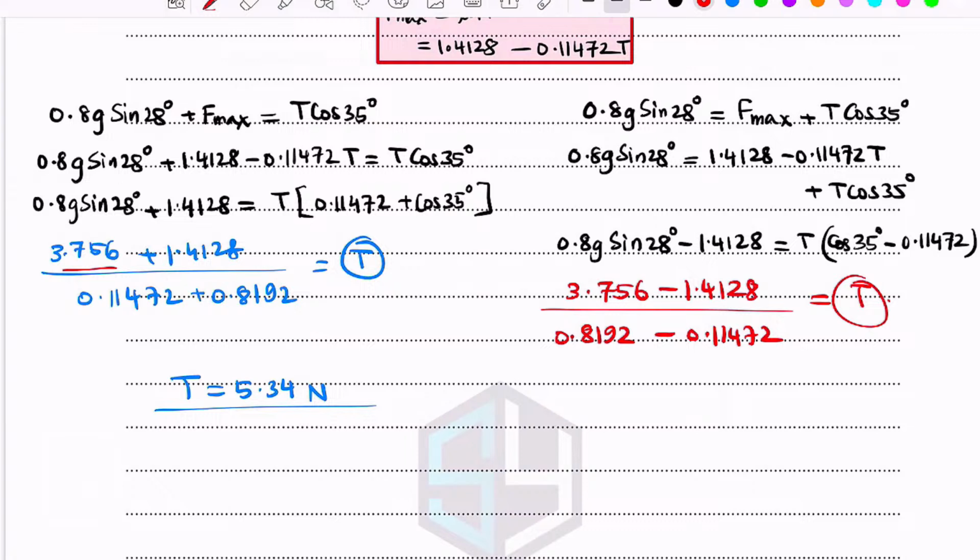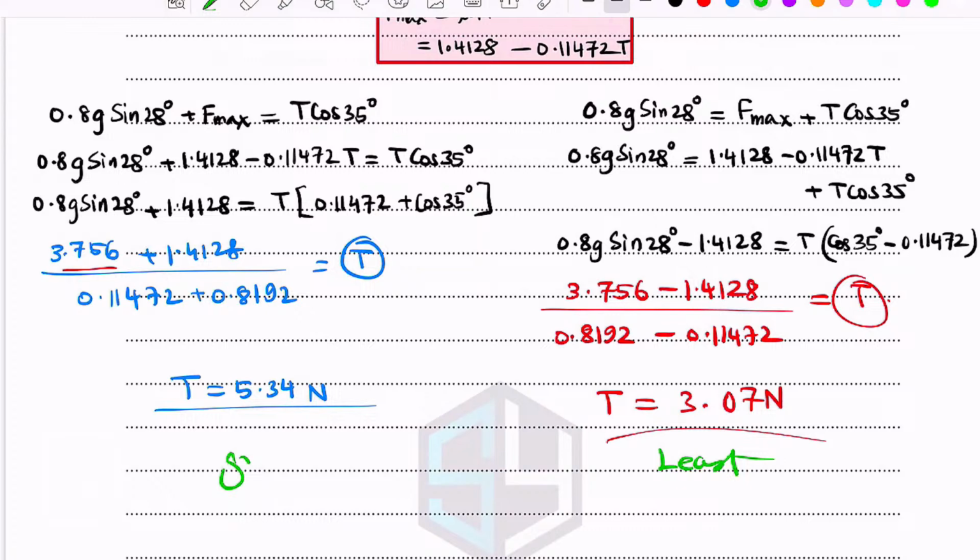Close the bracket and equals. T comes out to be 3.07 Newton. Therefore this one is the least value, and this one is the maximum or the greatest value.